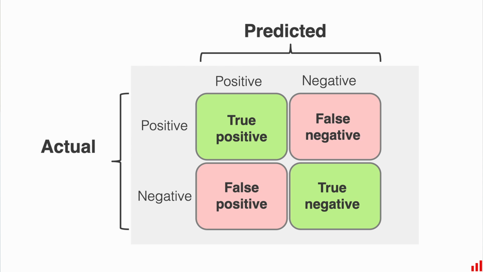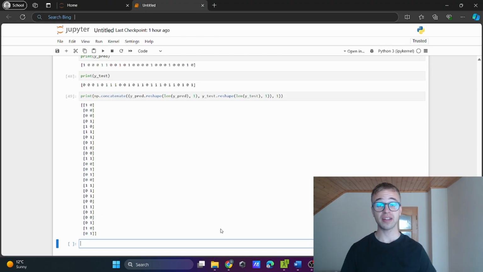False negatives, cases it incorrectly predicted as negative, also known as a type 2 error. By analyzing these values, you can calculate important metrics like accuracy, precision and more that will help you understand how the model is performing. If you want to know more, I will also leave a link for a more in-depth explanation of the confusion matrix in the description down below. That will be our last code.